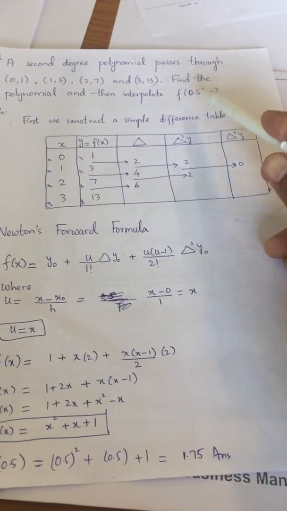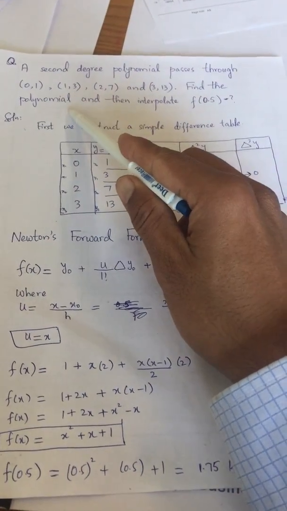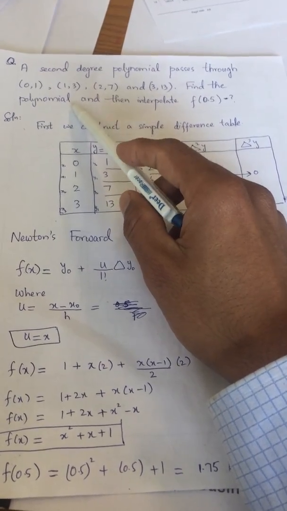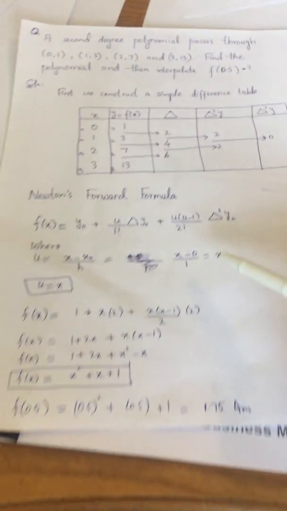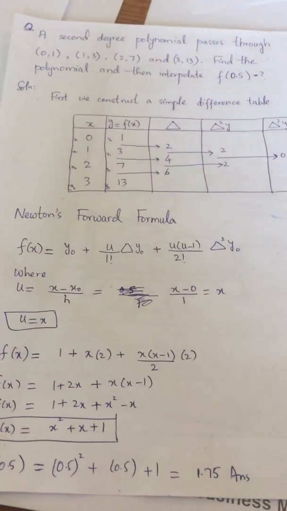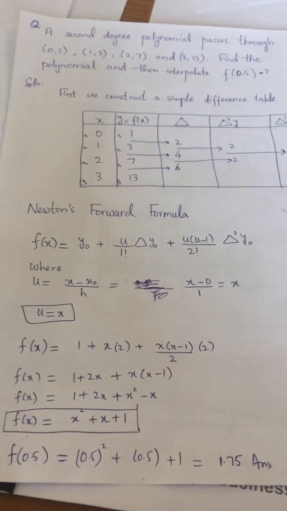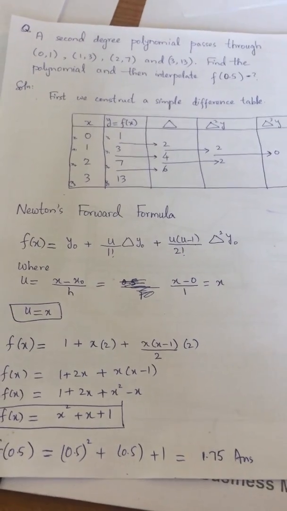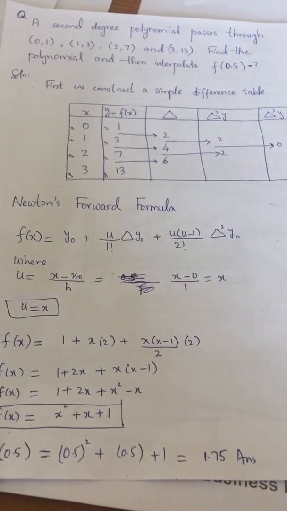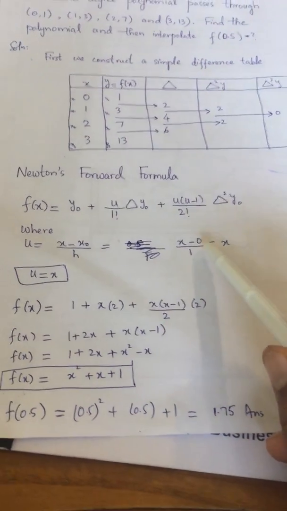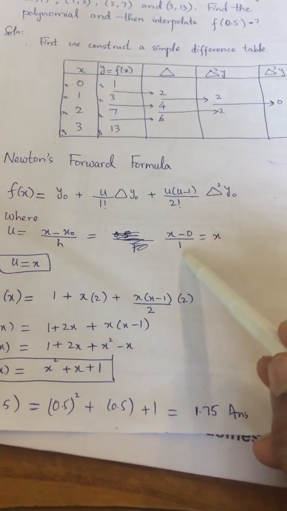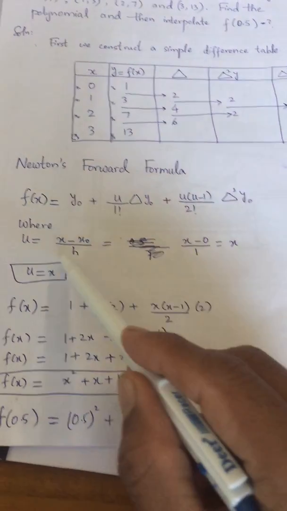Actually x is 0.5, but first we are going to make it a polynomial equation, or establish a model. It's like if you have big data, you can make an equation through this formula, and then you can even forecast. Anyway, back to the point, x minus 0 over 1 is equal to x.